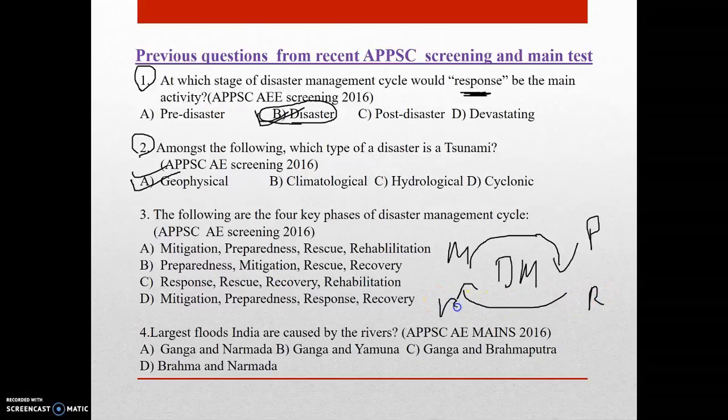And this is the recovery stage. So D is the right answer. Next one: the largest floods in India are caused by which rivers? This is the Ganga and Brahmaputra plains rivers.